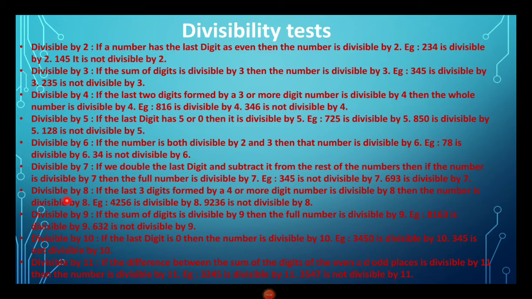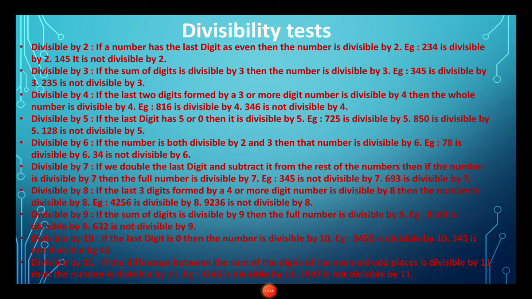Now divisible by 8. If the last 3 digits formed by a 4 or more digit number is divisible by 8, then the number is divisible by 8. Example, 4256 is divisible by 8 and 9236 is not divisible by 8. So 256 is divisible by 8 as 256 by 8 gives 32.